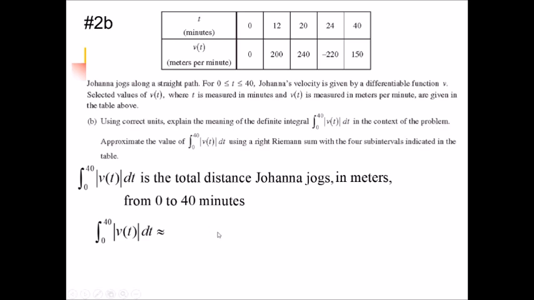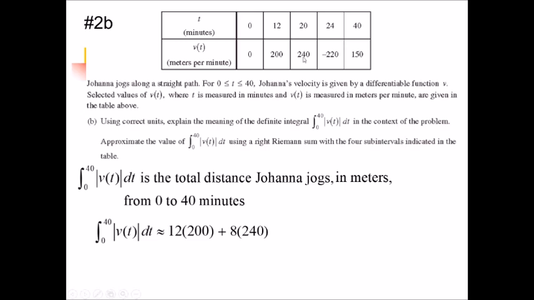So I'm going to have a bunch of base times height rectangle areas. For my first rectangle, going from the interval from 0 to 12, I have a base of 12. And then since it's a right Riemann sum, I'm going to use the right height between these two options for the height of the rectangle. So I have 12 times a height of 200. For the next rectangle, from 12 to 20, that's a base of 8 times a height of 240.